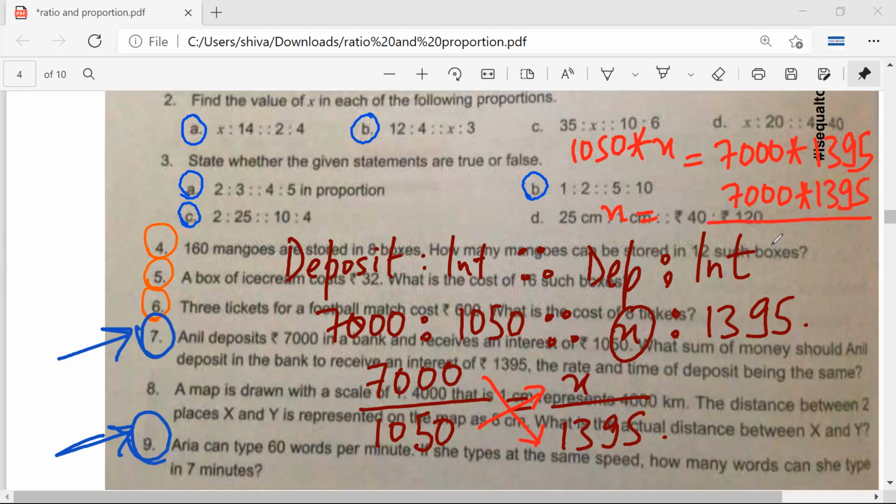And what is the answer that you got? 9,300 rupees. Second year. So, Mr. Satya, our final answer would be 9,300. Any doubt, Mr. Satya? No, sir.